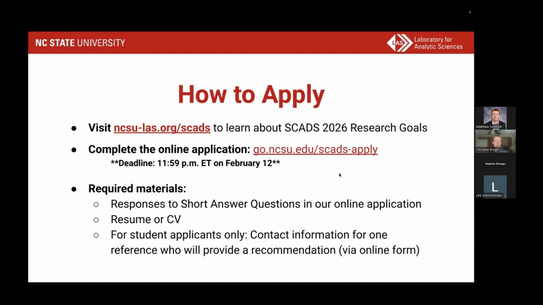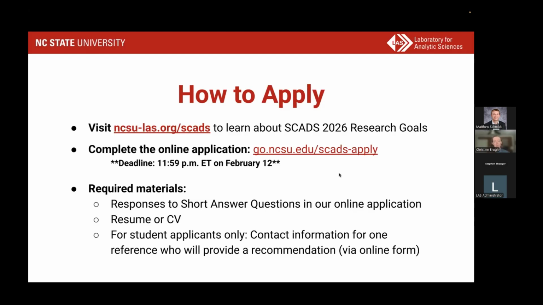If you scroll down about a third of the way, you can see a link out to that where you can read in more detail about all of the areas that Stephen just described. And I'd encourage you to take a look at that because that is a lot of the content that we're looking for in your application. We're looking for interests and connection to those areas. And so grounding your responses in that makes you a very competitive applicant from our perspective.